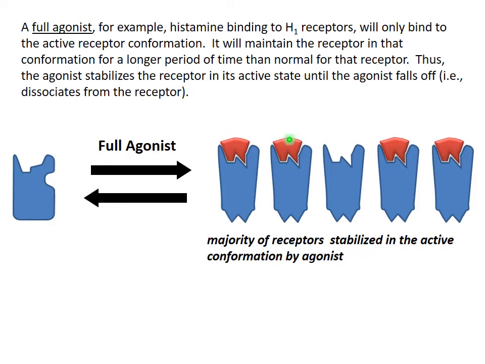And if we have multiple copies of that, then on average, at any point in time, we'll have more receptors in this active state than normal. It's not going to be every receptor, right? Some receptors will have drug and some won't.